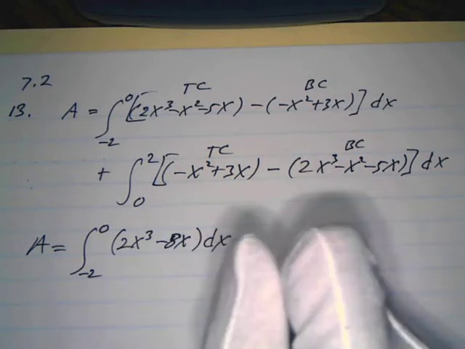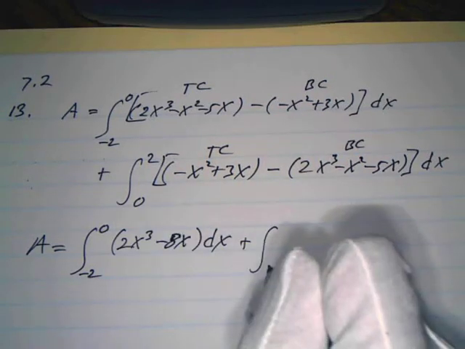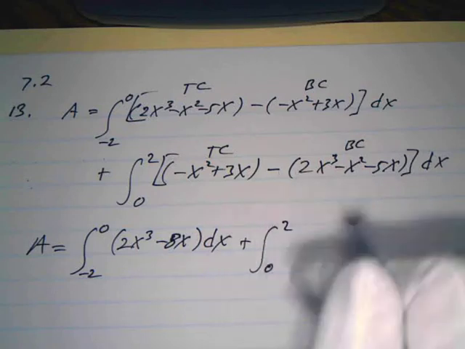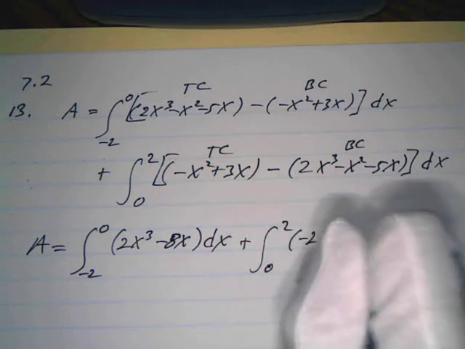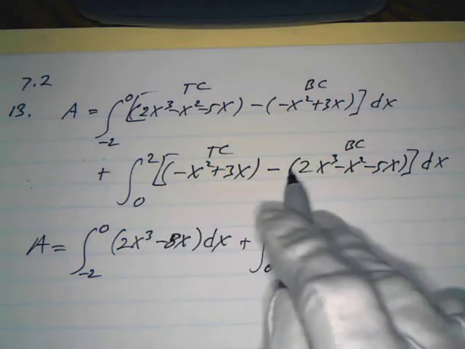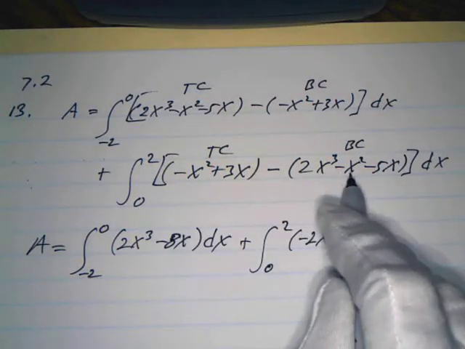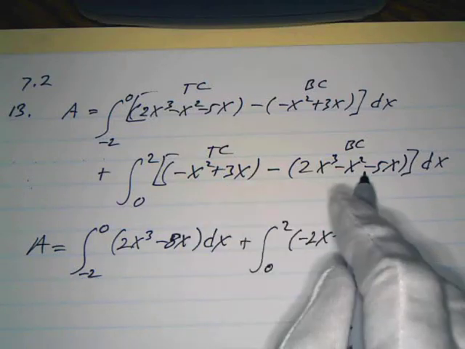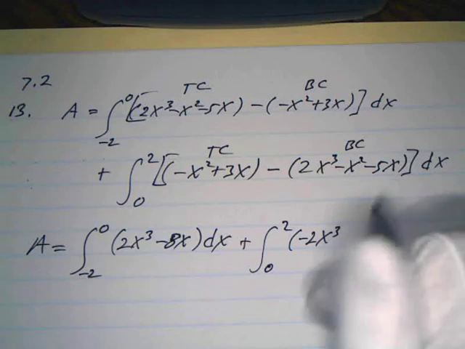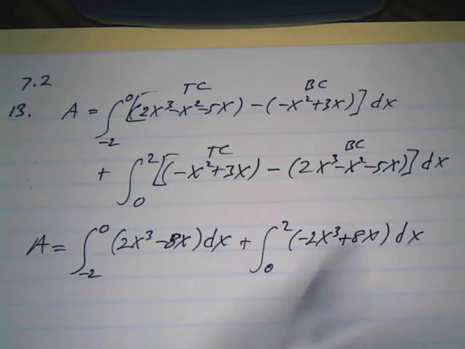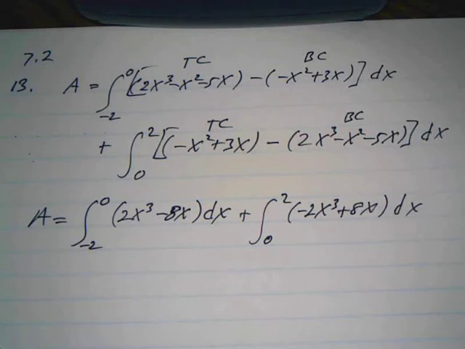And then the integral from 0 to 2 simplifies, and I got a negative 2x cubed. And then again, a negative x squared and a negative times a negative is positive x squared, they cancel out. And then I've got 3, a negative times the negative is a positive 5x, so I get plus 8x. So see, they simplify real fast. It looks pretty ugly, but it gets easier right away.